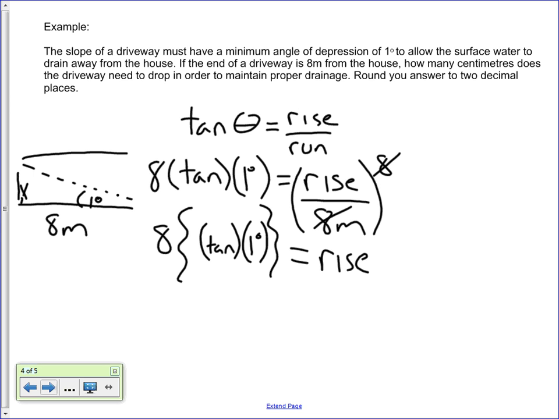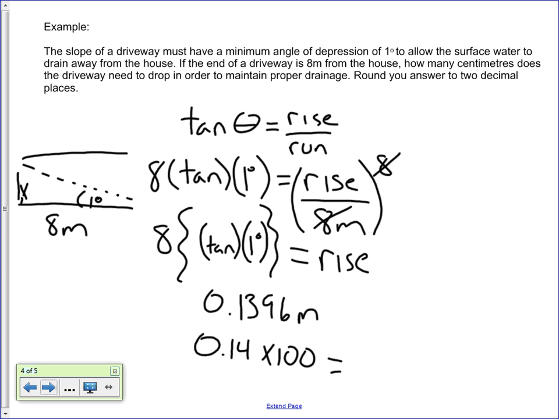And when we calculate that out, we get 0.1396 meters. Now it says how many centimeters, so our question is asking centimeters. Rounding that to 2 decimal places, I get 0.14 meters, and then I have to times it by 100 to get centimeters.